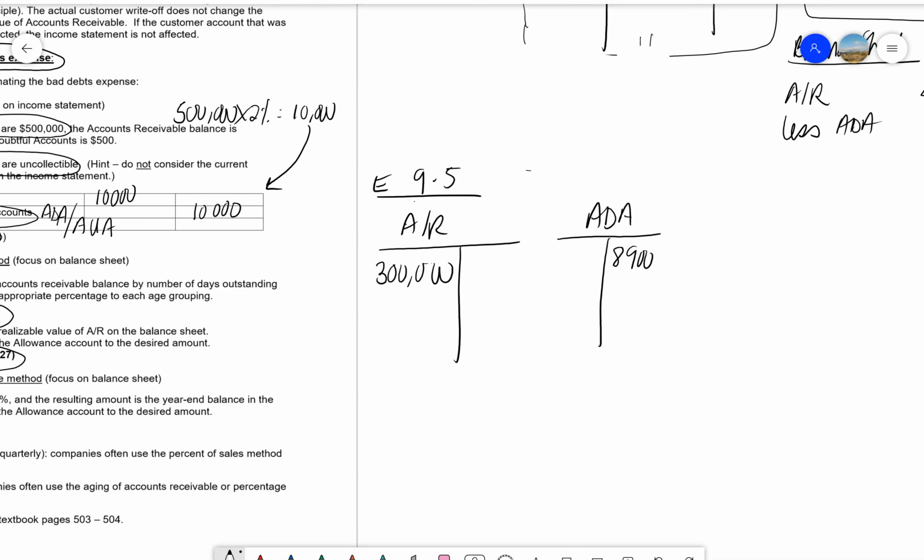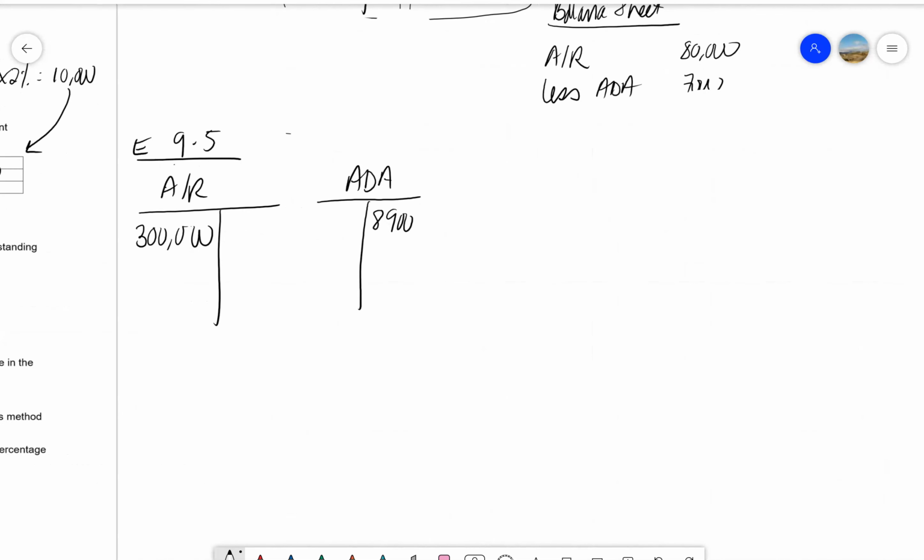Now, in this example, we're going to use the aging method. If you look at the aging of accounts receivable schedule at the bottom of page 526, our total accounts receivable is $300,000, but it's broken down into how long they've been outstanding. We have $140,000 that is less than 30 days old, and we estimate that 0.5% of that amount is going to be uncollectible.